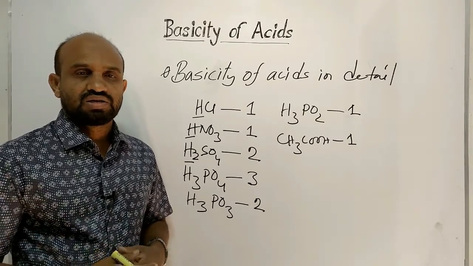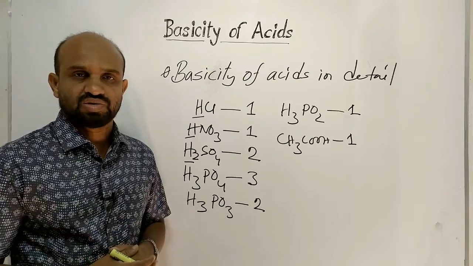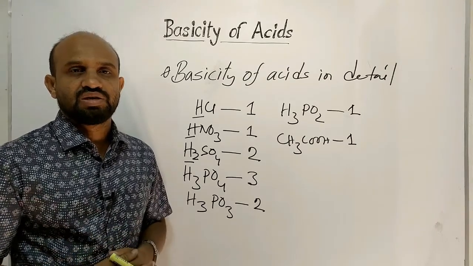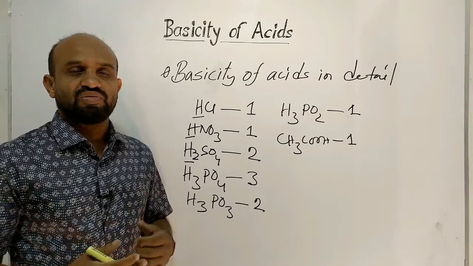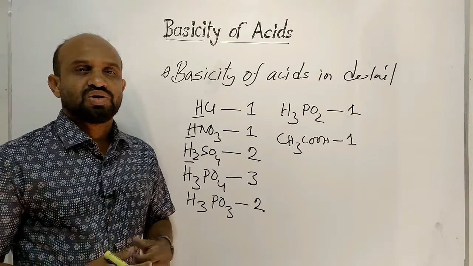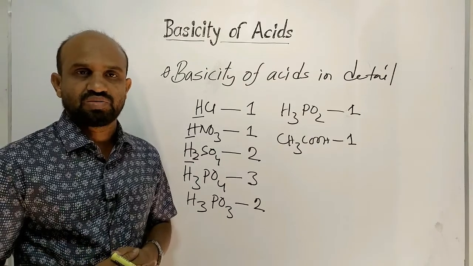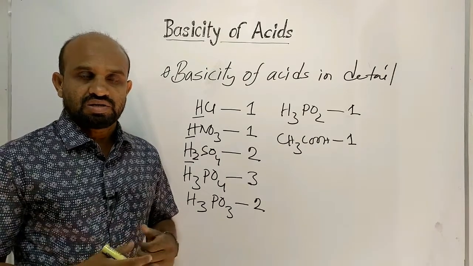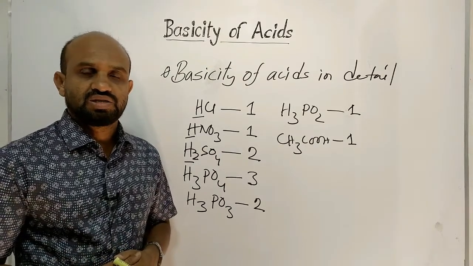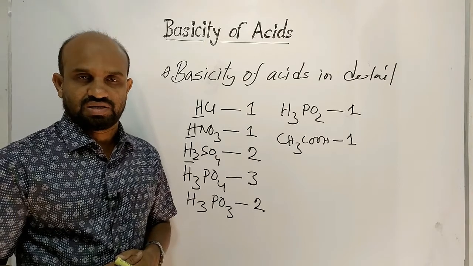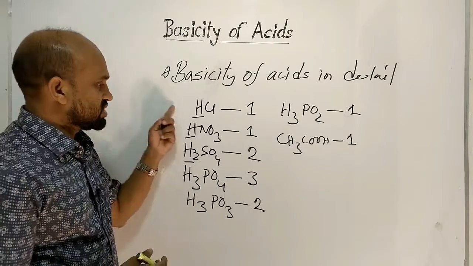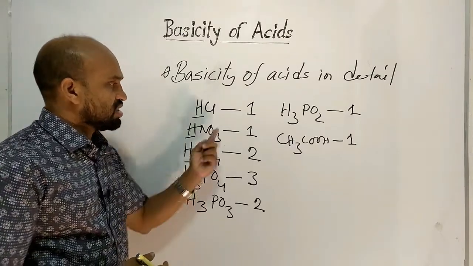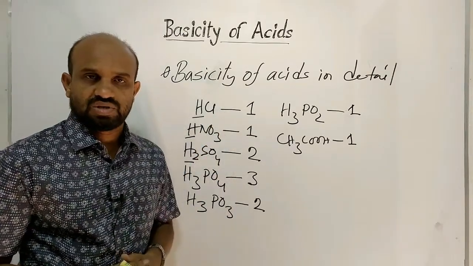Not that the total number of hydrogen atoms determine the basicity of acid. Rather, the number of ionizable hydrogen atoms or replaceable hydrogen atoms by a base determines the basicity of an acid. Now let's see how the basicity of these acids are these types.